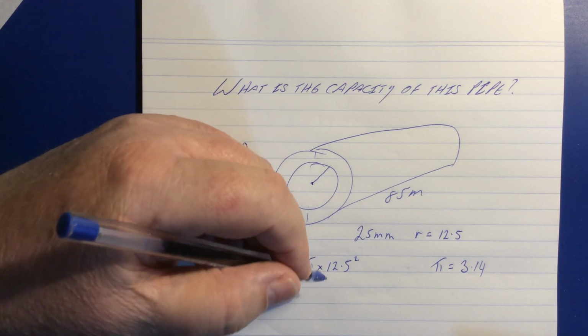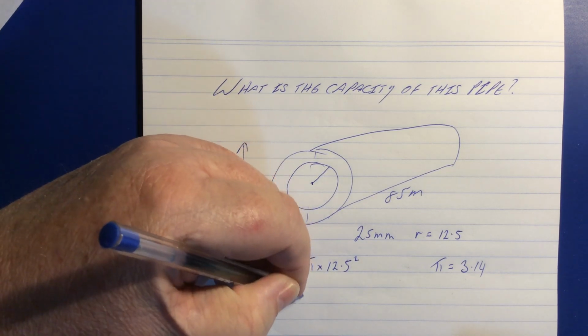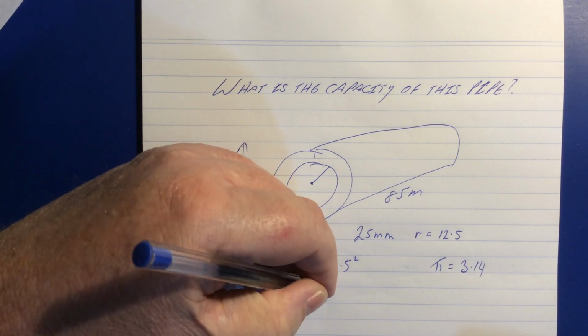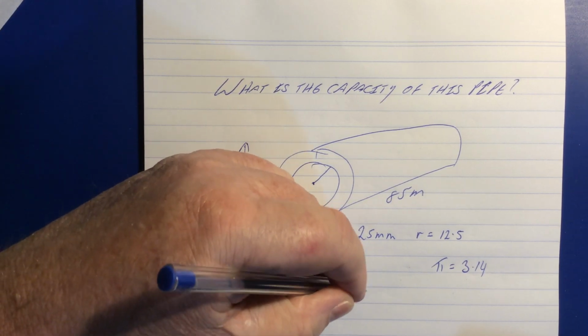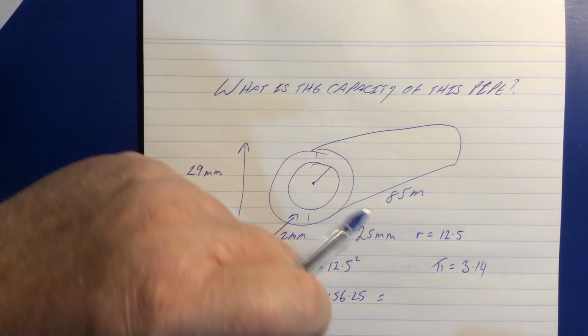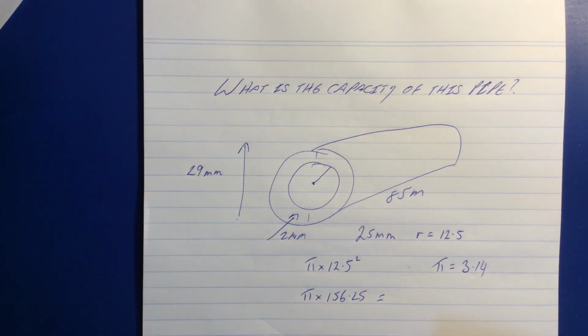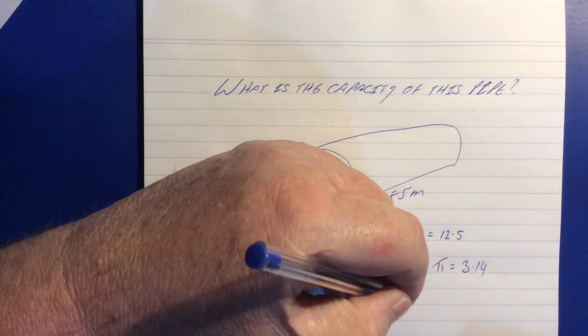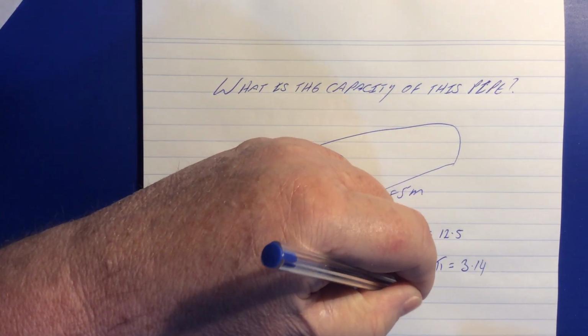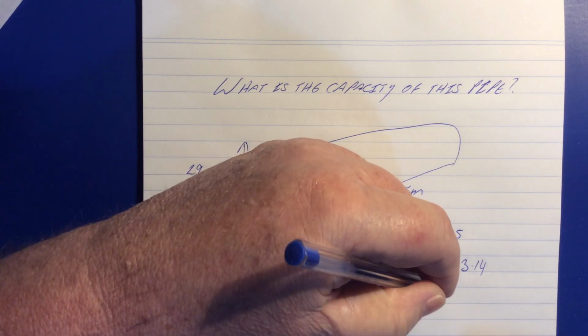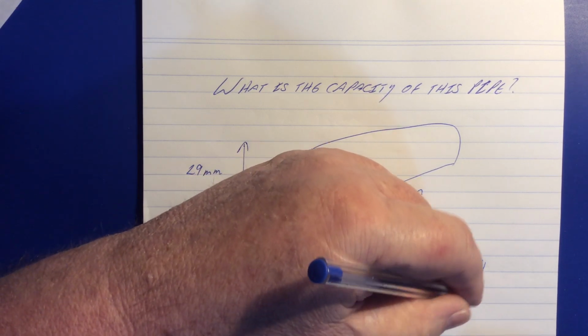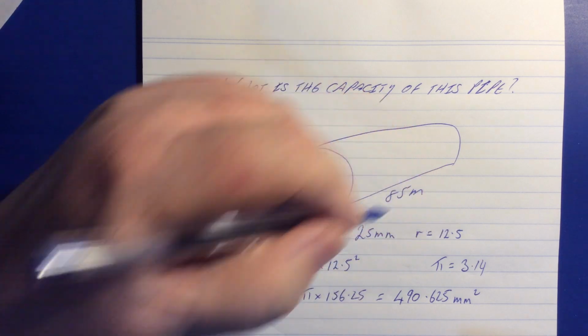Now, I'm going to multiply that, so that is pi times 156.25, and that value of pi will be 3.14, so times 3.14, that gives me 490.625 millimeters squared.